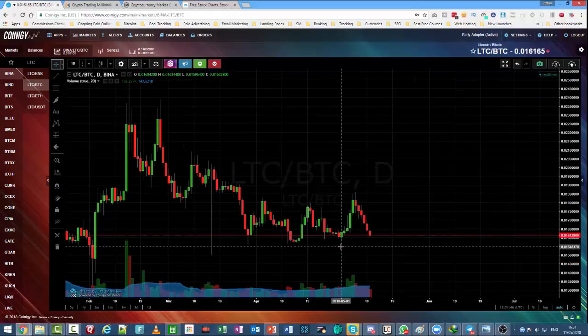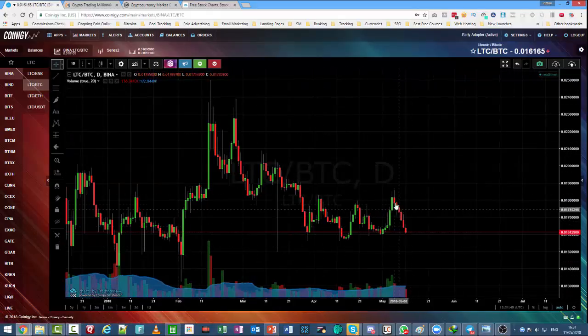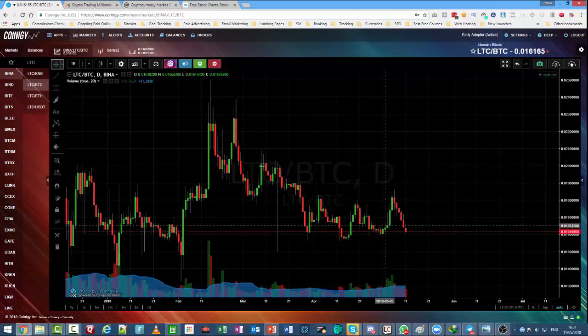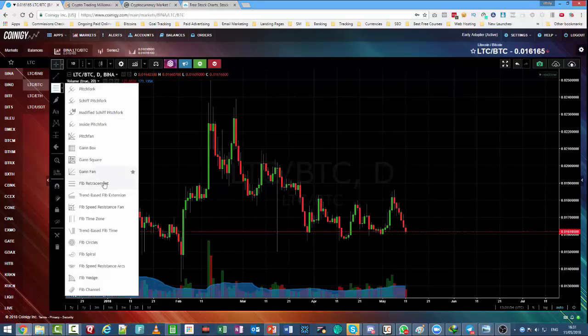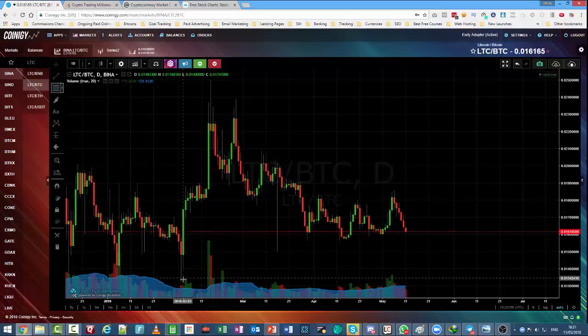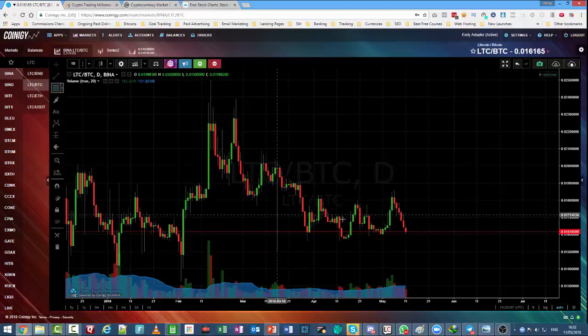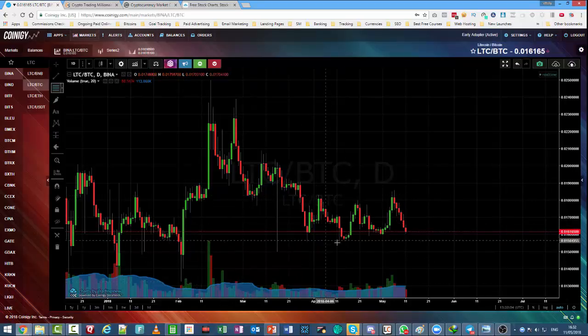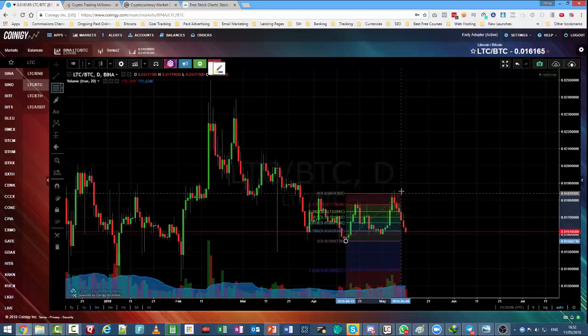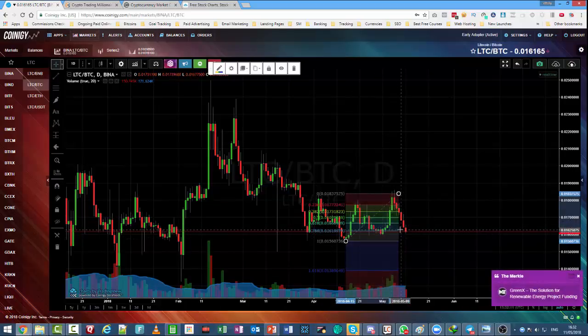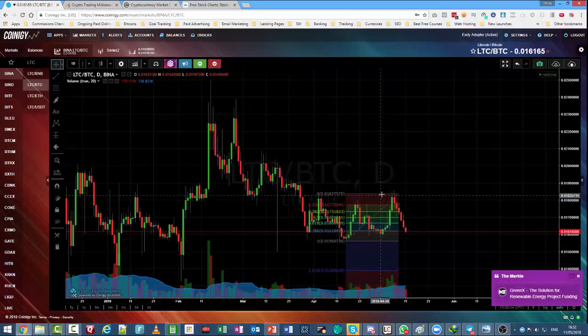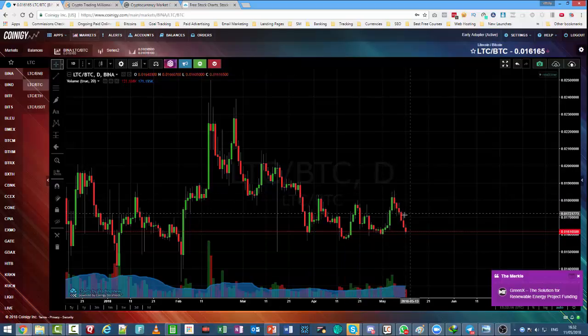So maybe right now is a really good time to buy Litecoin, because you do this Fibonacci retracement all the way from here to here, and you see we are down at the price of over 78% down. So this is a really good time to buy Litecoin. Okay, you buy the low and you sell the high. That's all the course is teaching you guys, how to buy low and how to sell high.